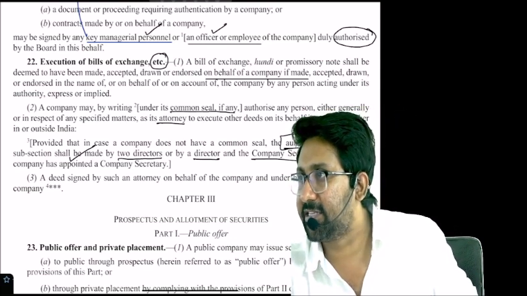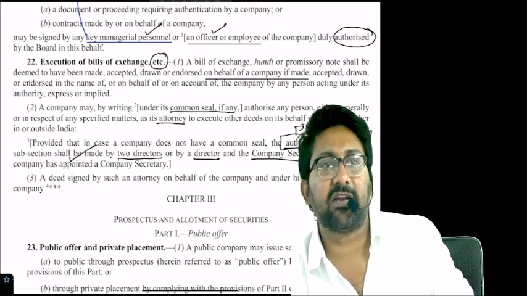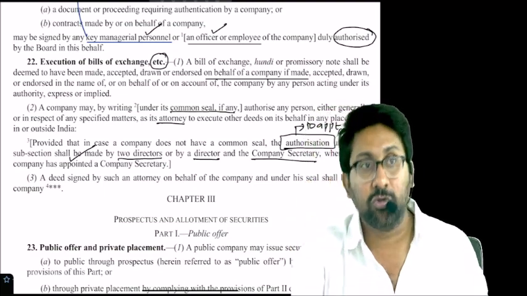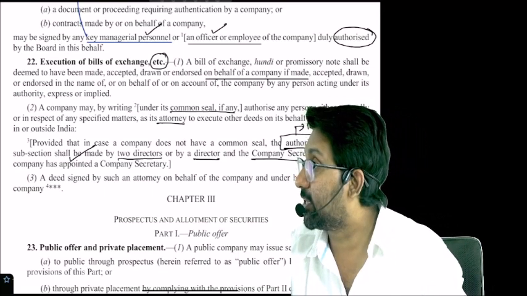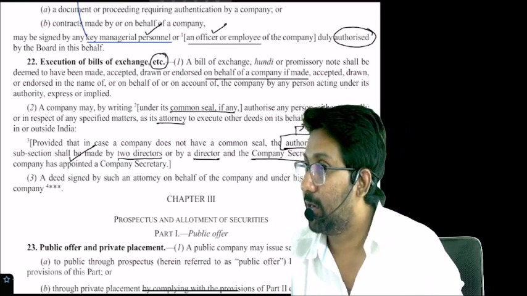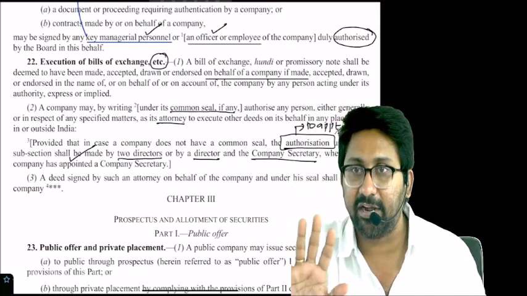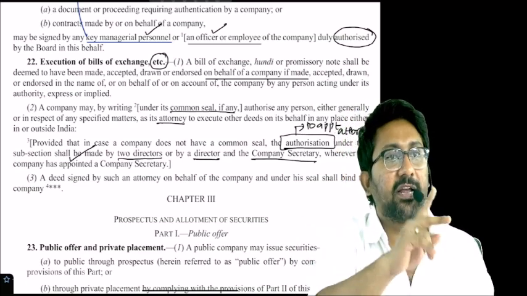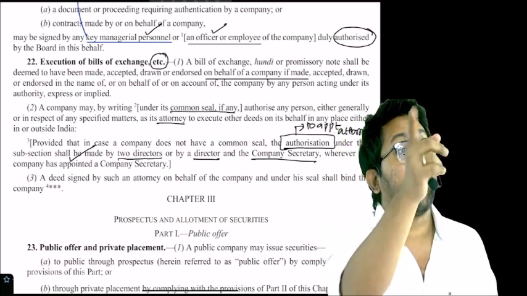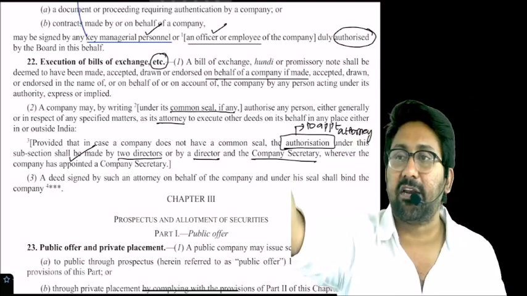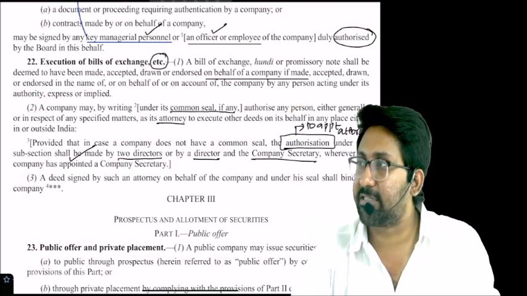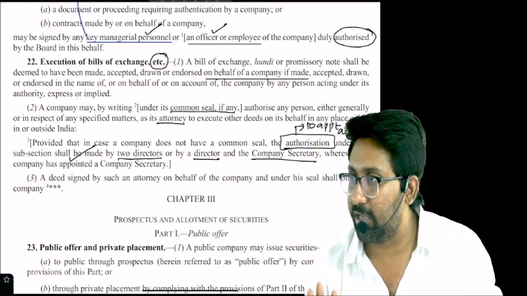If a company secretary is there, one director and that company secretary have to decide who should be the attorney. Sir, don't make a mistake. Two directors will not sign on the deed. Director and company secretary will not sign the deed. Director and company secretary will authorize the attorney. Or if a company secretary is not there, two directors will authorize an attorney.